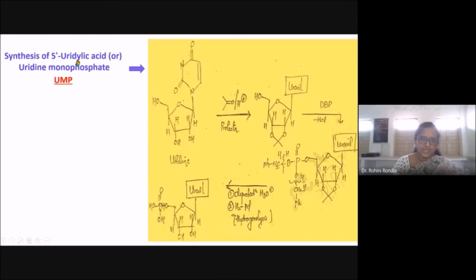And next one is UMP. UMP అంటే యూరాసిల్ కదా, RNA, synthesis of 5-uridylic acid or monophosphate. Uridine monophosphate. To prepare uridine monophosphate, you have to take uridine nucleoside. Again, okay, uridine nucleoside, and just add acetone and in presence of H plus. What is happening here?